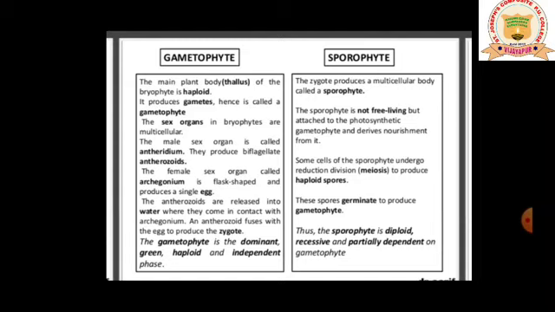It will not show its character. The gametophyte is dominant, so we call bryophyte a gametophyte also because it is dominant, haploid and an independent phase. It can go for production of sporophyte. Here the sporophyte is diploid but it is recessive. It is not going to show its character clearly. Partially it is going to show.